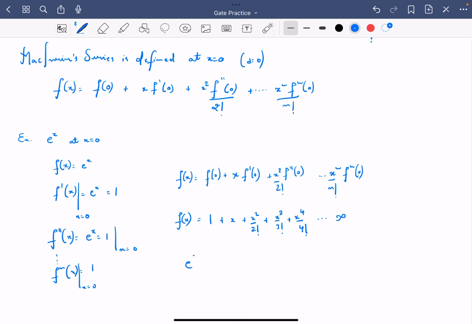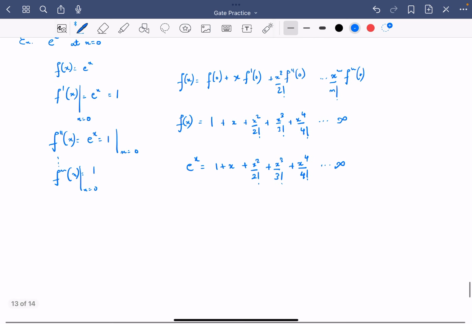So this can also be written as e raised to x is equal to 1 plus x plus x square by 2 factorial plus x cube by 3 factorial plus x raised to 4 by 4 factorial and so on till infinite. In a similar way, we can find the sin x Taylor series also at x is equal to 0.